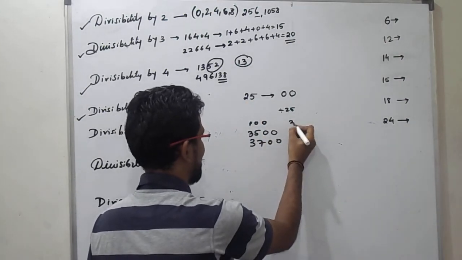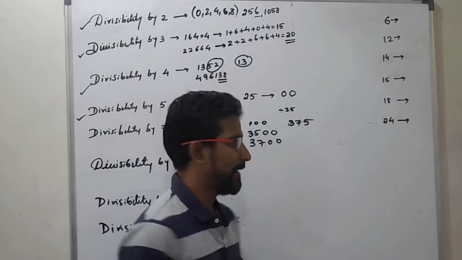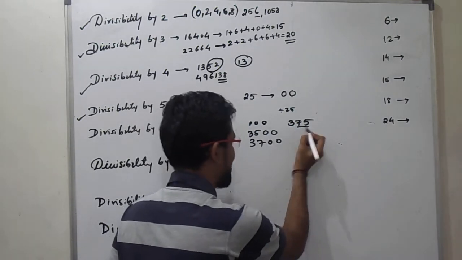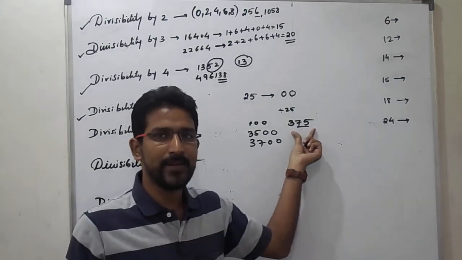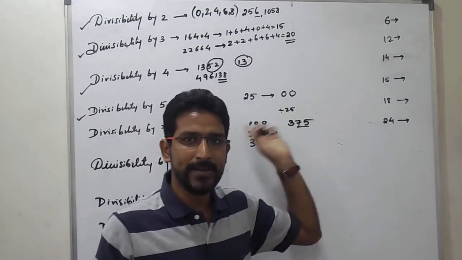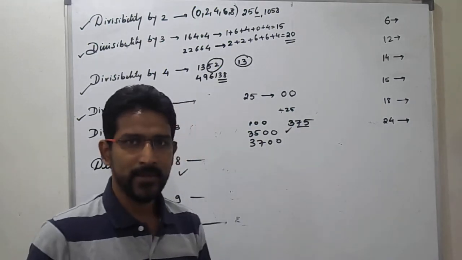For example, if I say 375, 375 is divisible by 25 because its last two digits are 75, and 75 is divisible by 25. So this number will also be divisible by 25.